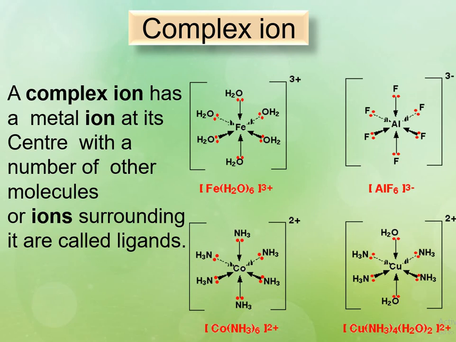A complex ion thus has a metal ion at its center with a number of other molecules or ions surrounding it called ligands. As you can see in these four examples, the central metal ions Fe, Al, cobalt, and copper are surrounded with ligands.